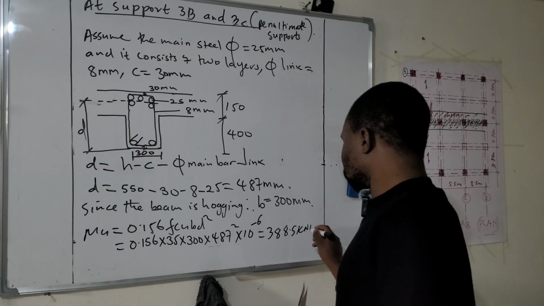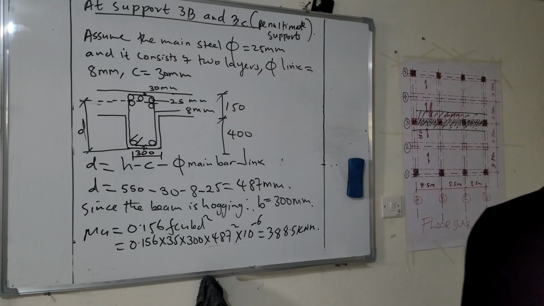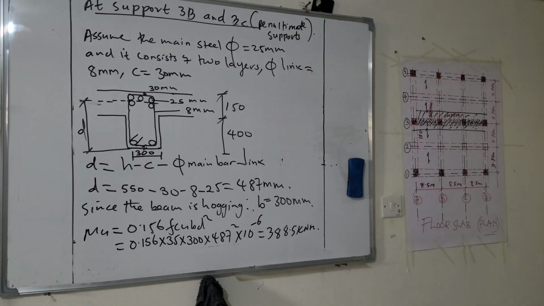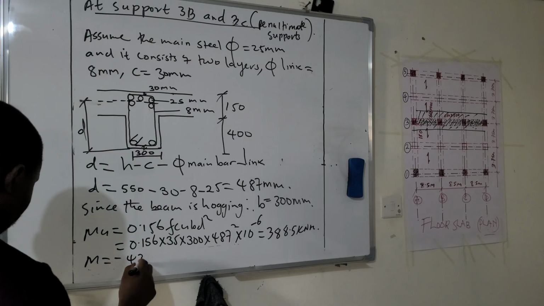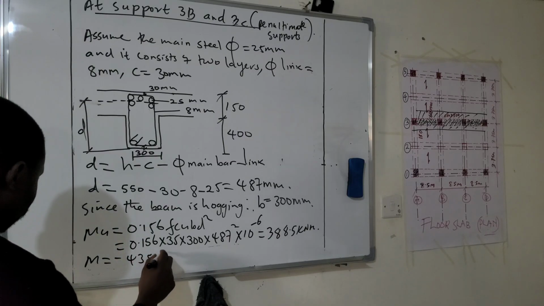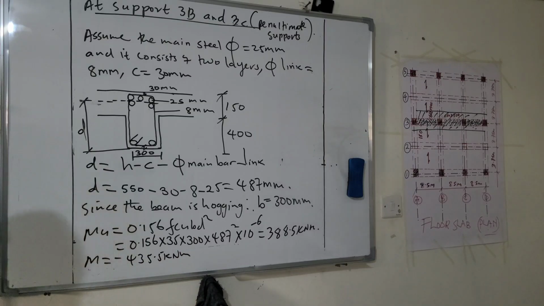So this one is equal to 388.5 kilonewton meter. Now we compare with our M, the ultimate design moment, which we had from the table. So M was negative 435.5 kilonewton meter. For this case, you will be ignoring this negative. Negative is just showing you where your main reinforcement will be placed. So you ignore the negative part and use a positive value.